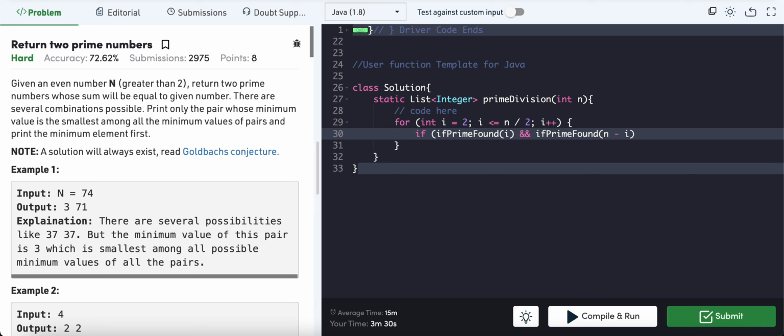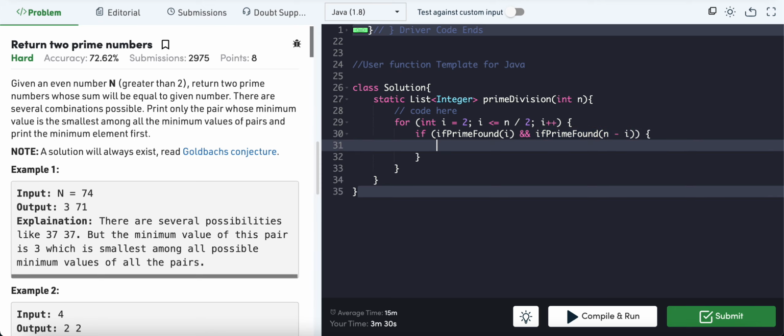If this condition occurs, this is the first time we encounter it, and that i will be the very minimum. We need to print only the pair whose minimum value is the smallest among all.